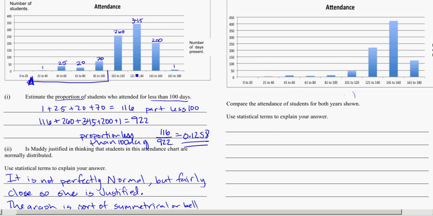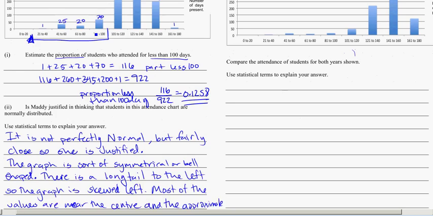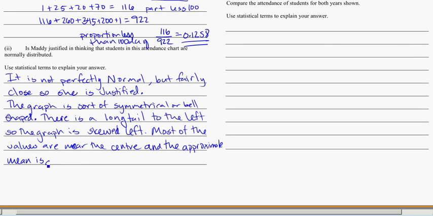So I'd say it's pretty close to maybe 125 or something. So that's the tallest peak, and it's not going to be right smack in the middle because of that tail, so I'll think about it as being about 125 days.